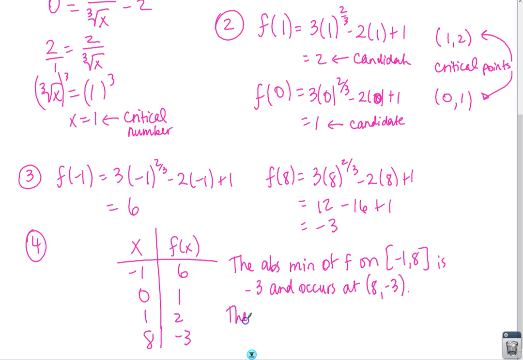The absolute maximum of f on negative 1 to 8 is, well, the highest is going to be 6 here. So it is 6, and I was trying to clean that up. That made it worse. It occurs at (negative 1, 6). So here, the absolute extrema still occurred on our endpoints.